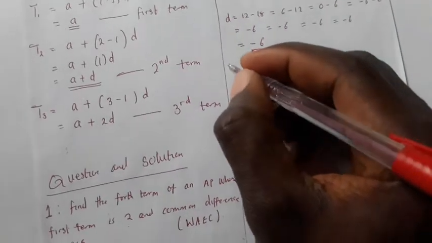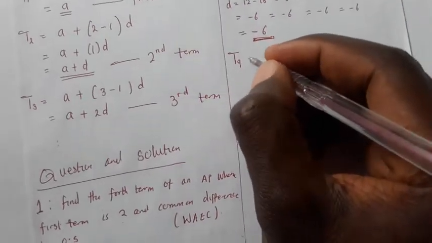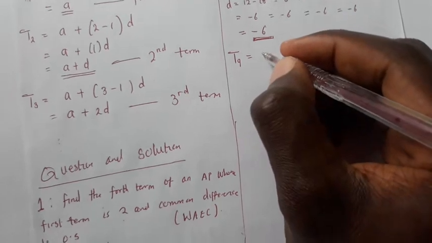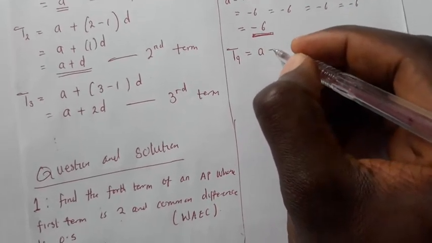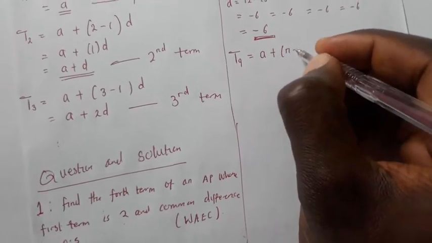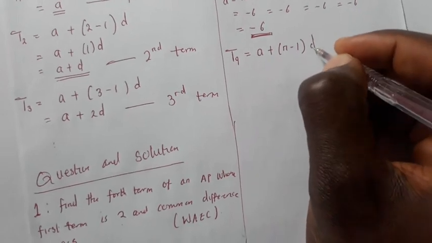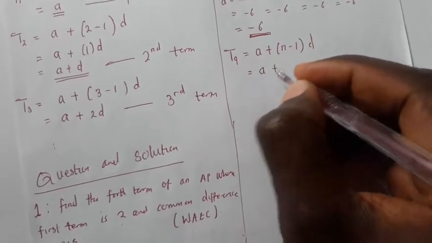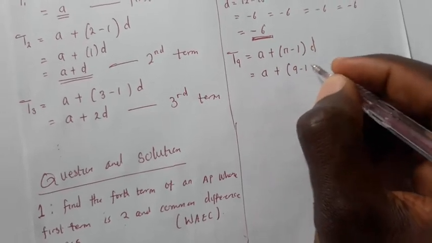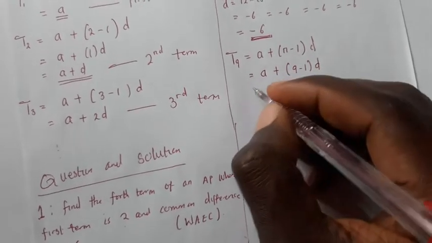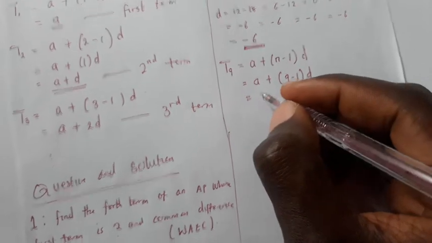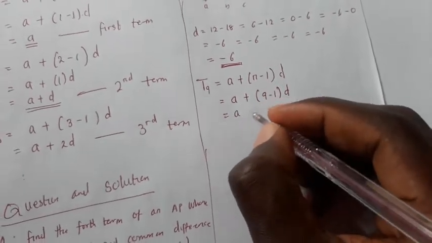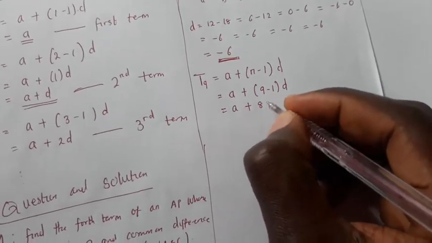On getting here, we have T9 equals to A plus N minus 1 D. And our N is 9. So let's substitute A plus 9 minus 1 into brackets D. And our 9 minus 1 is 8. So from here we have A plus 8D.